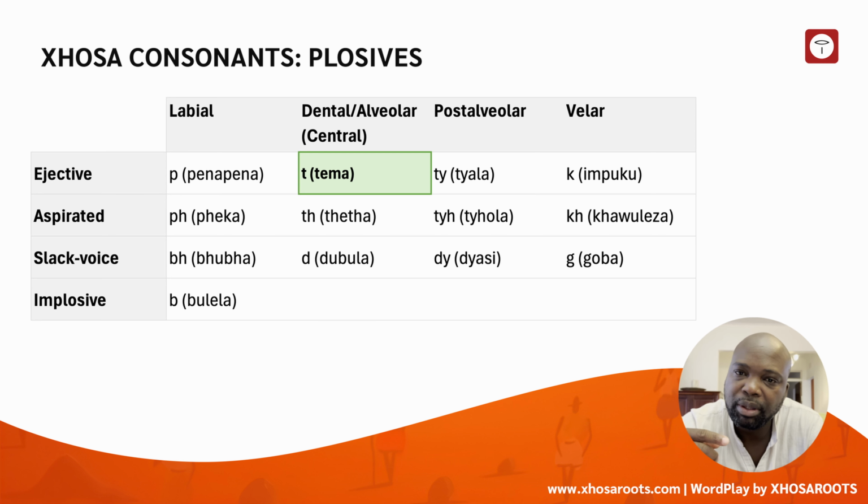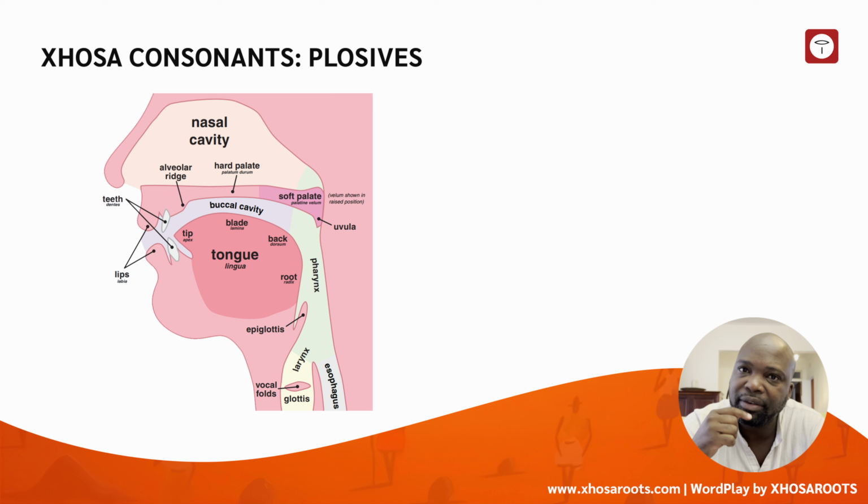So the production of the sound, again, it's central, meaning that the tongue is placed on the front teeth, the central part of your teeth, which happens to be positioned in front. And you can also produce the same sound at the alveolar ridge. That's why it's dental alveolar. So you can place your tongue at the beginning of the alveolar ridge.